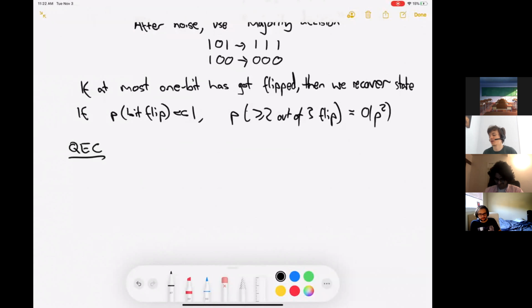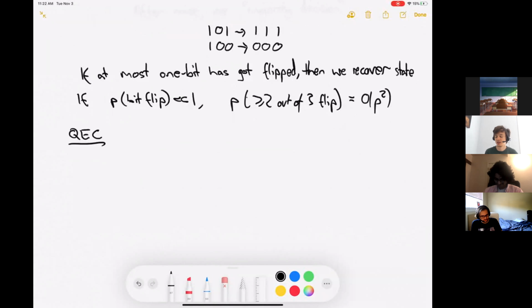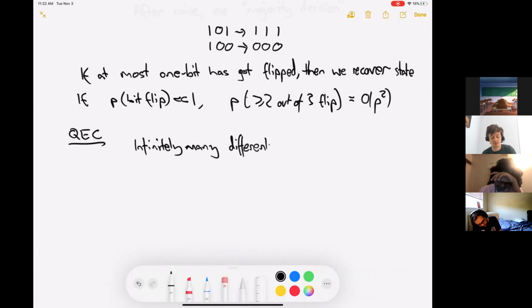So what about quantum error correction? Well, the big difference with quantum error correction is whereas before the only thing that could happen was a bit getting flipped, now we have infinitely many different possible errors, right? So, we could have some arbitrary unitary getting applied to the state. There's infinitely many unitaries.